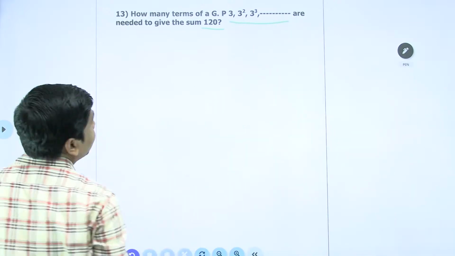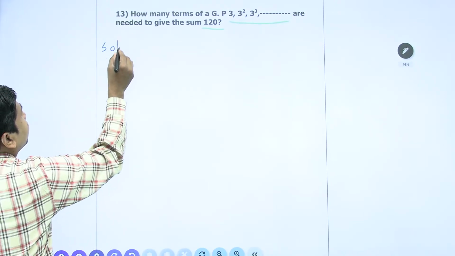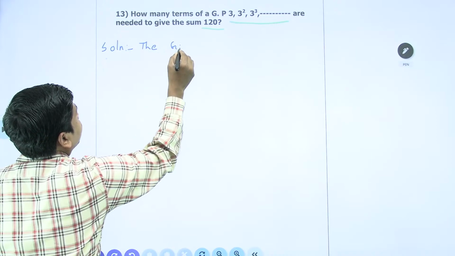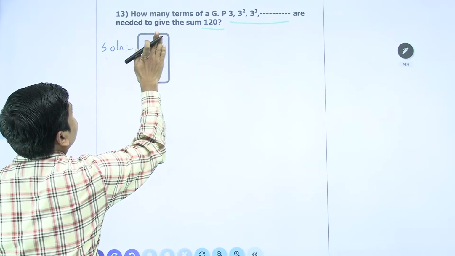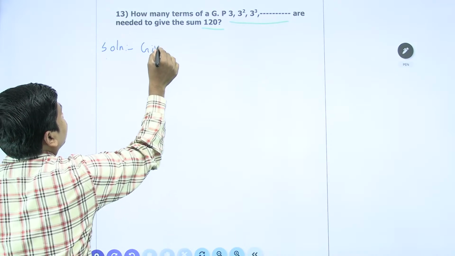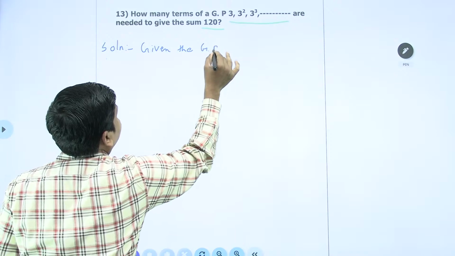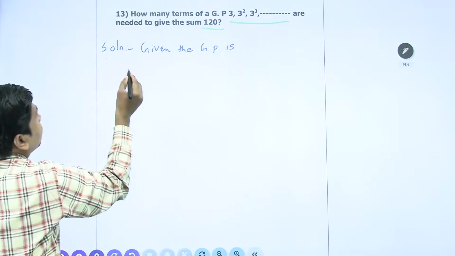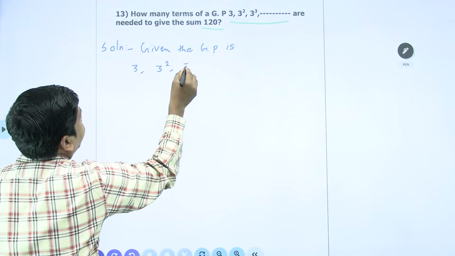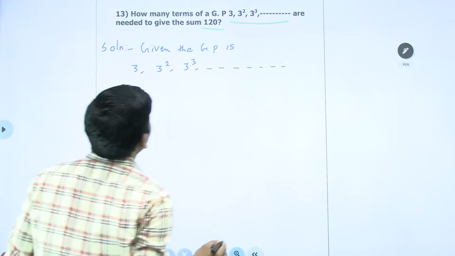Solution: the GP is 3, 3 square, 3 cube and so on.